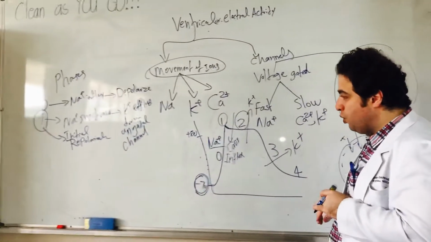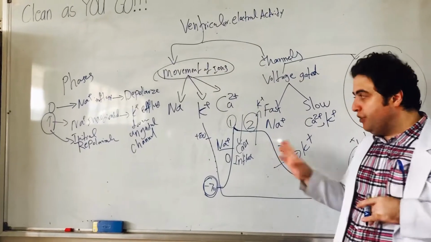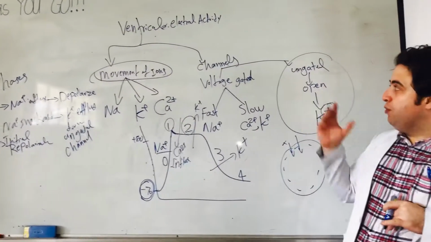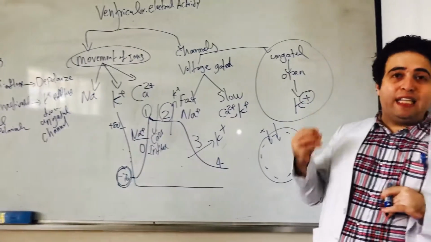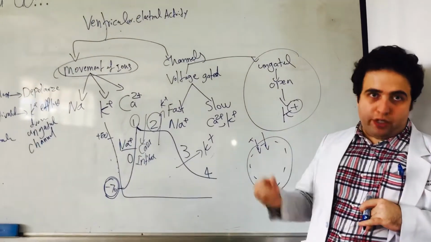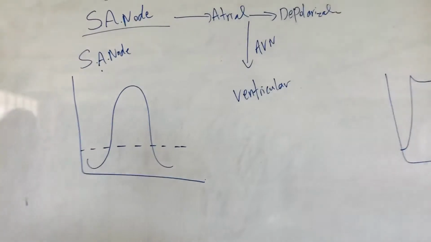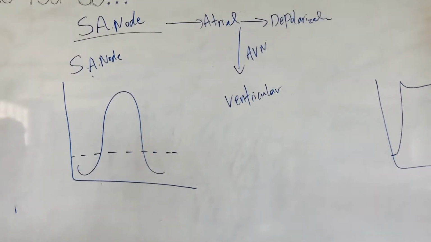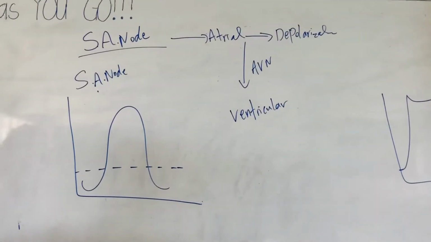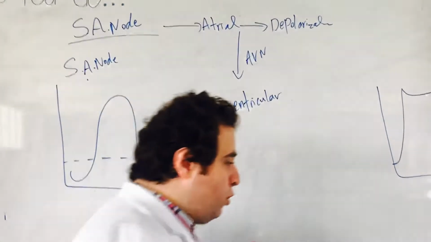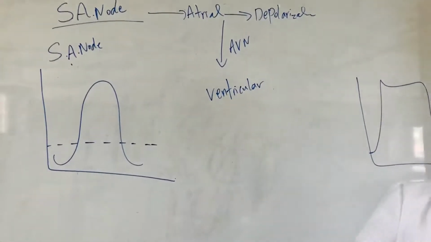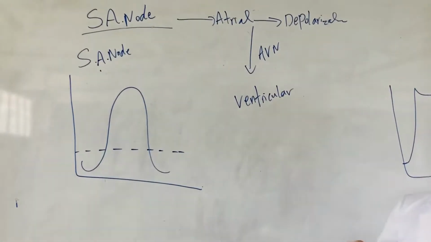Okay, so we are done here with the ventricular action potential. I would like to talk about the SA node action potential. So now we want to talk about the SA node action potential. When I am talking about the SA node, I am talking about atrial.